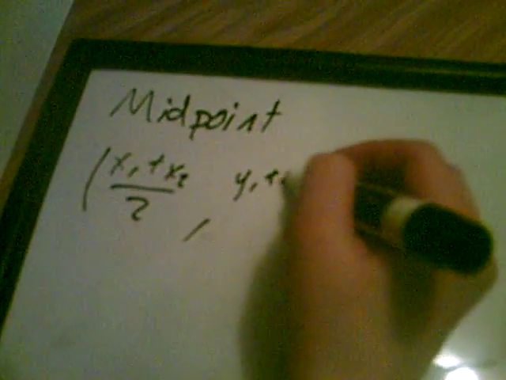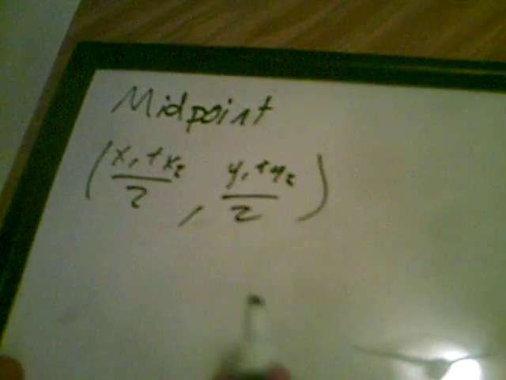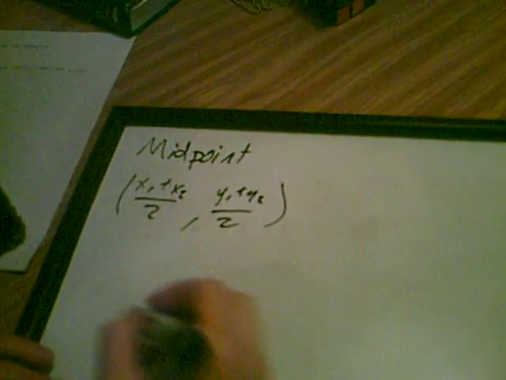Also, you're probably familiar with this from algebra. You have the midpoint formula, which is x1 plus x2 over 2 and y1 plus y2 over 2. Also, you can think of it as the average of the x's and the average of the y's.